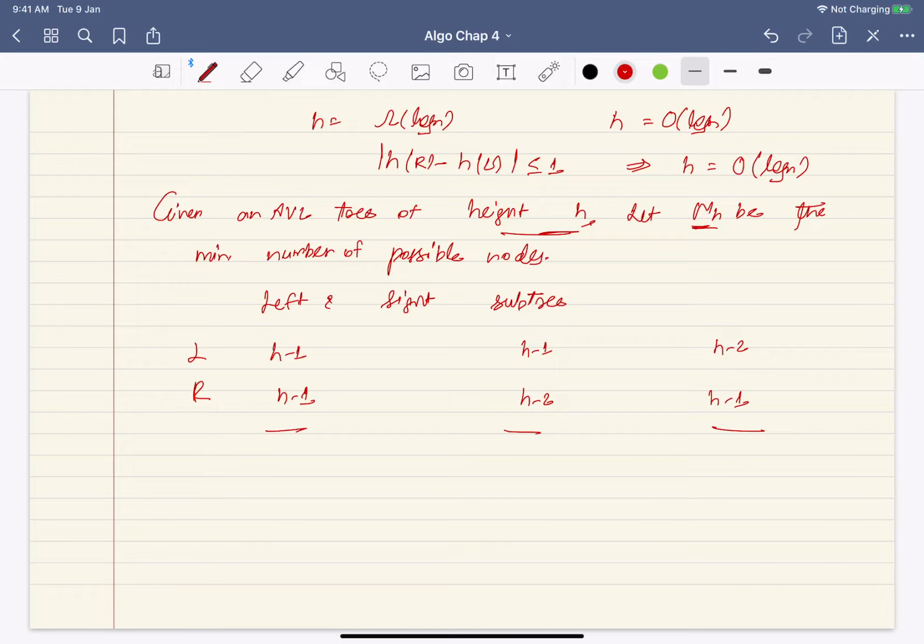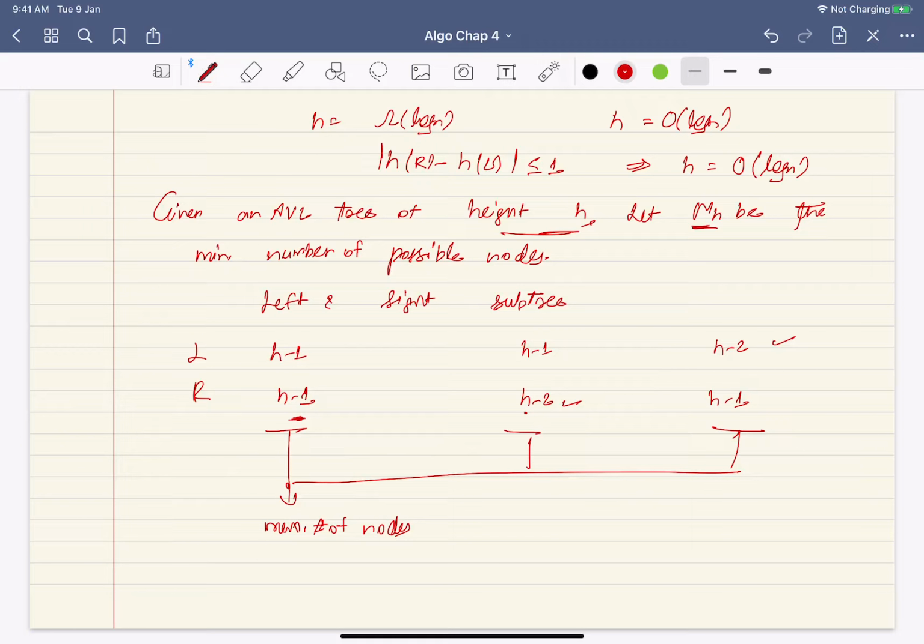Now among the three possibilities, which one would have the minimum number of nodes? Obviously here the height is smaller in both the cases, so the nodes you can have here will be at least one more than this. If you need to maintain one more height for one of the trees, you need to have at least one more node. So among the three things, this will have the maximum number of nodes.